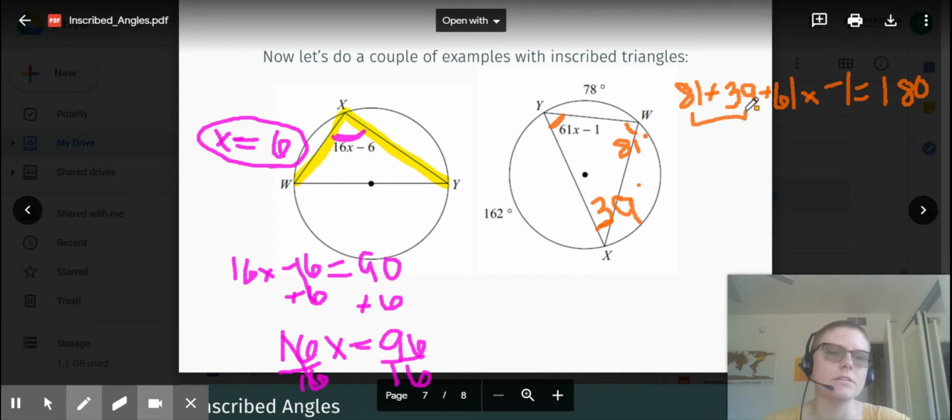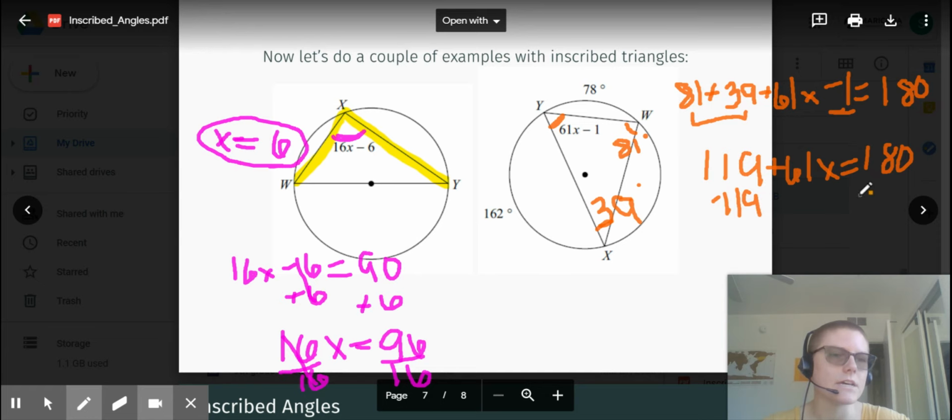Let's see, 81 and 39 and minus 1. Those are all like terms, so if we do the 81 with the minus 1 first, we've just got 80, and 39, which adds up to 119, plus 61x equals 180. Subtract that 119 on both sides.